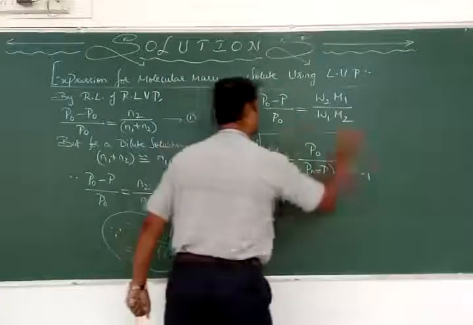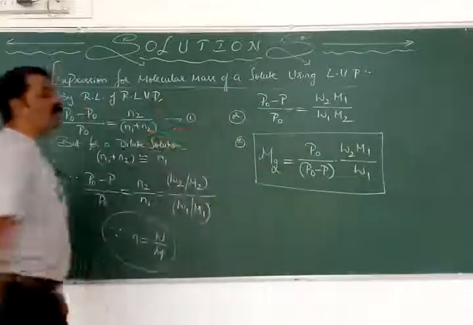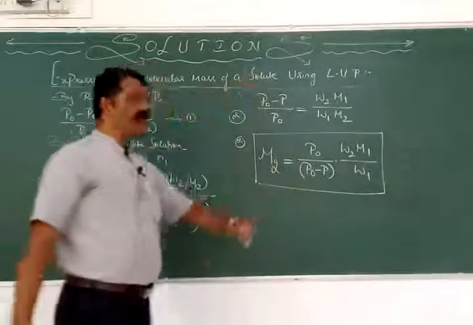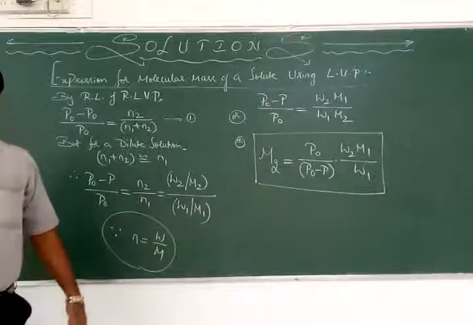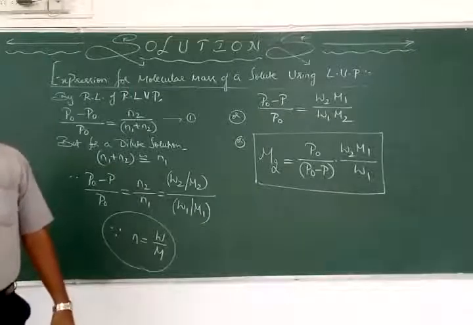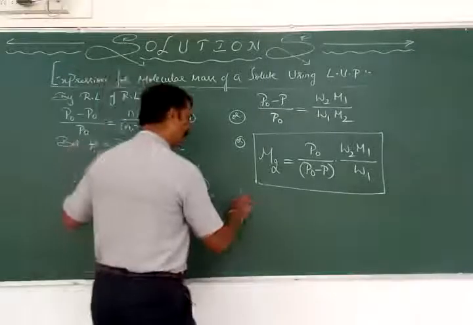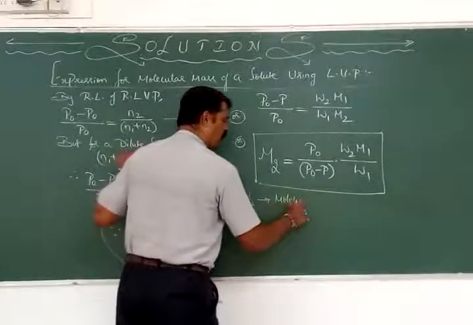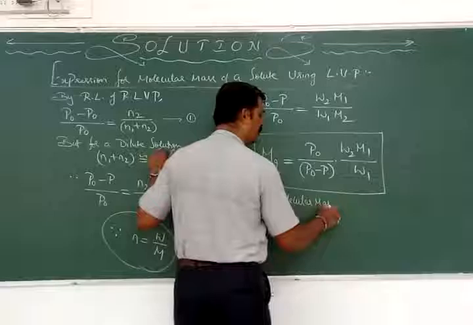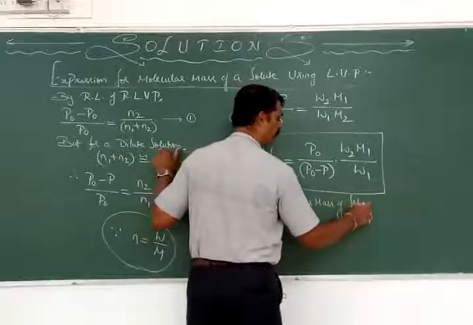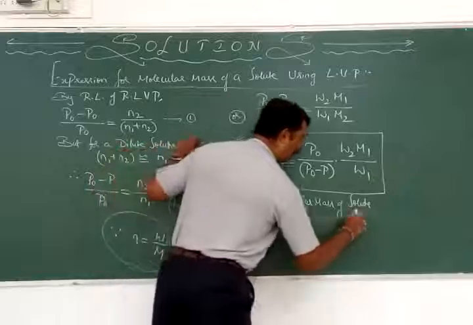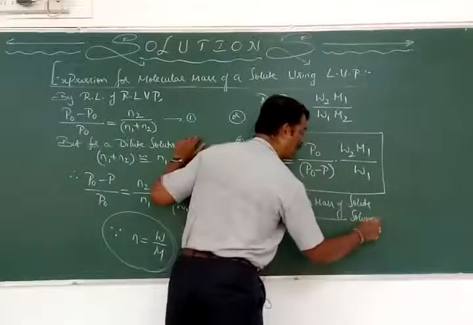So this is called the expression for molecular mass of a solute using LVP, lowering of vapor pressure. Here M2 is the molecular mass or molar mass of solute. M1 is the molecular mass of the pure solvent.